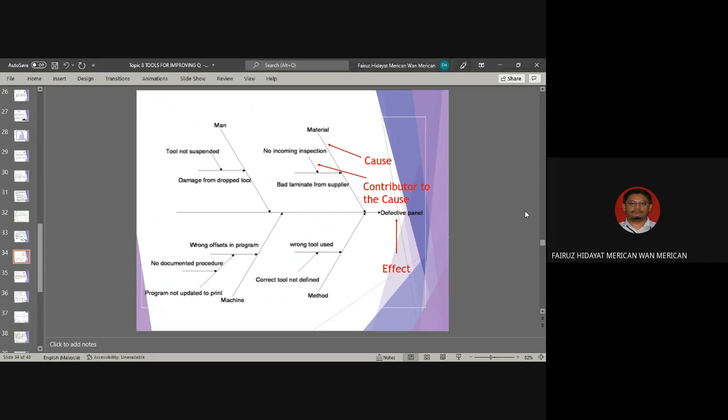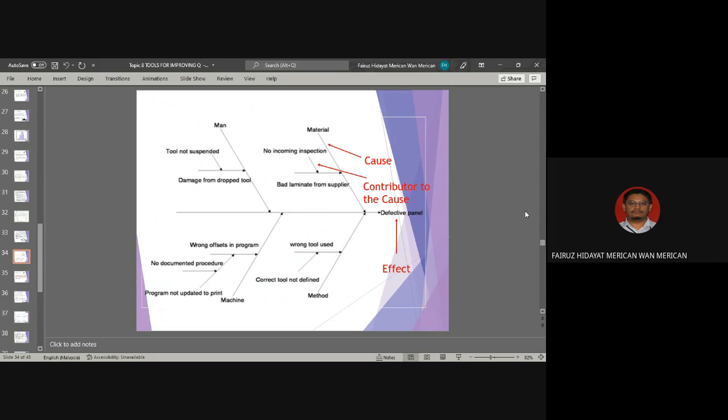So they identify the method was that they used the wrong tool when producing the panel. So what contributed to the wrong tool was that the correct tool was not defined when they were manufacturing the panel. Okay, it was not clearly defined what tool should be used to produce the panel. So in the end, the workers used the wrong tool, and that contributed to the defective panel.